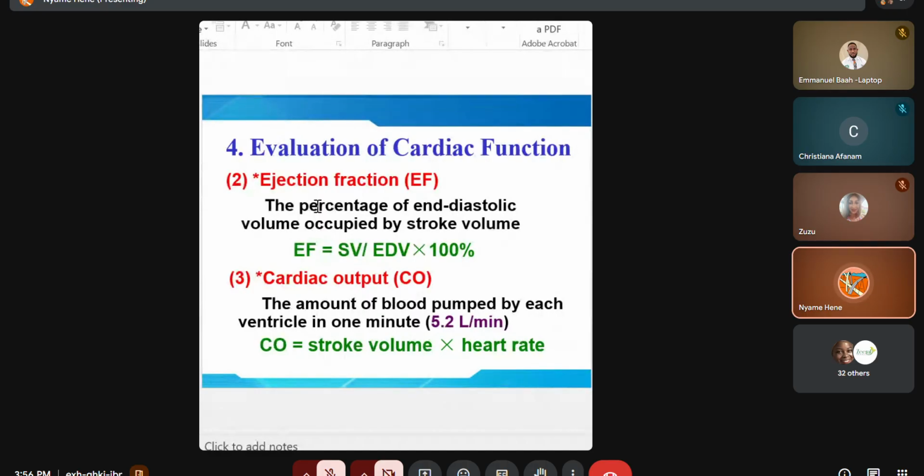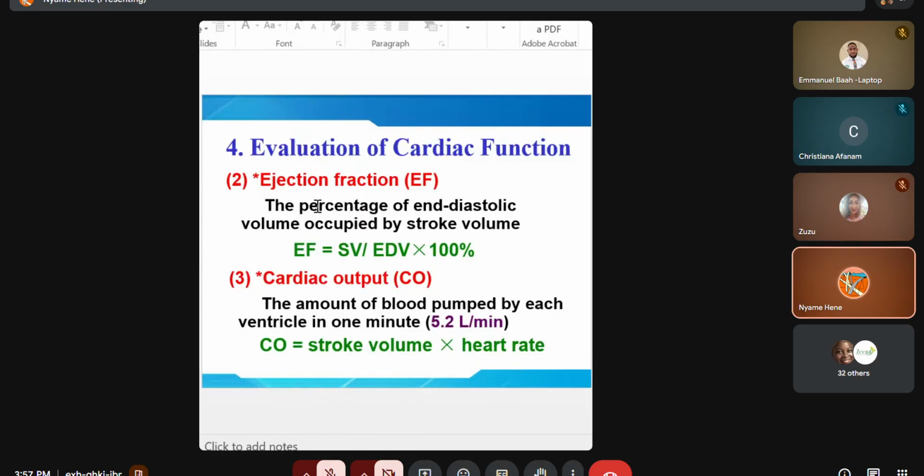We want to know the amount that went off, the stroke volume that fell off, and express it as a percentage. So ejection fraction is just expressing stroke volume as a percentage: the amount that went off over the total amount, times 100.